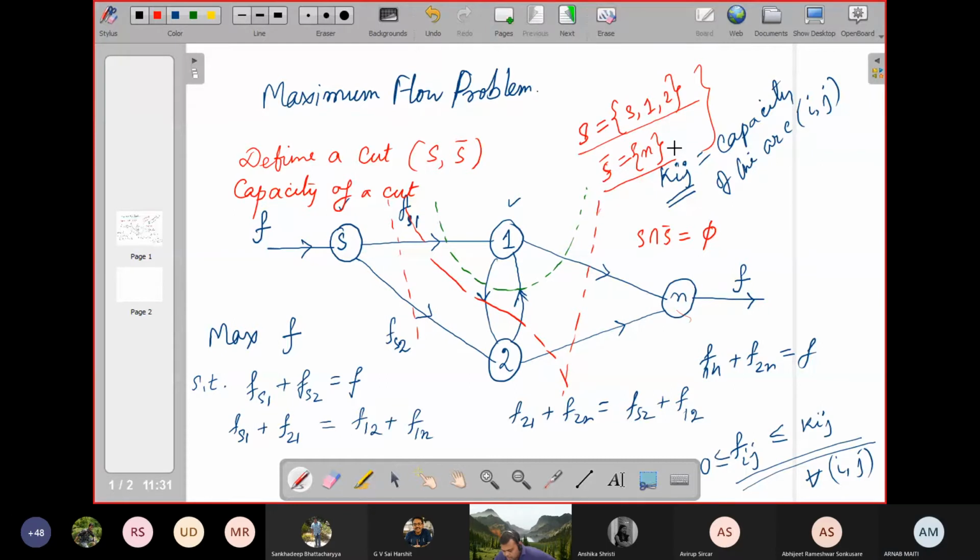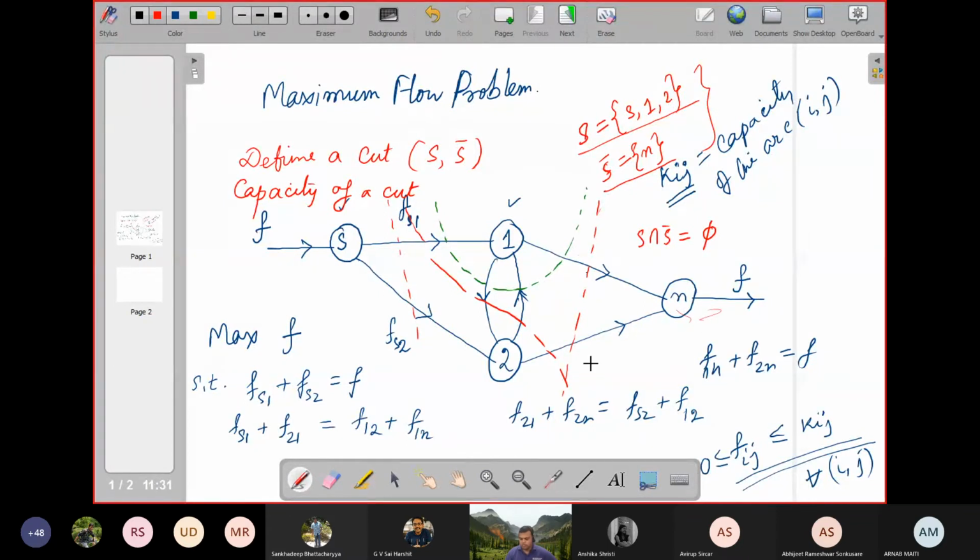So basically it gives you an idea of how much flow is possible through this cut. Essentially this cut consists of these two edges, 1 to N and 2 to N, which are flowing toward N, toward the destination, right?